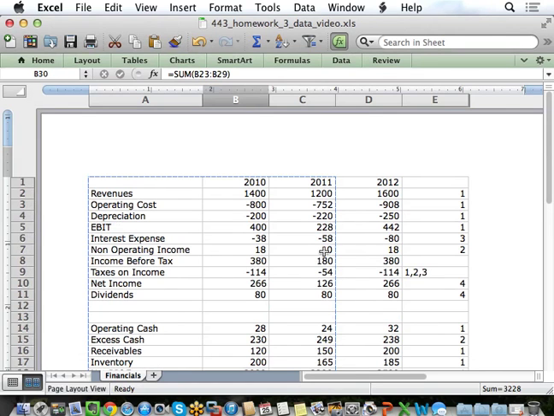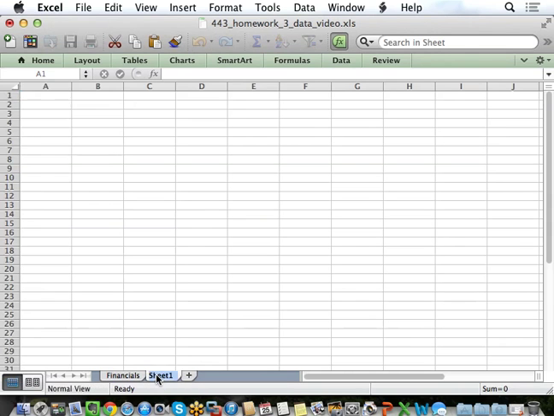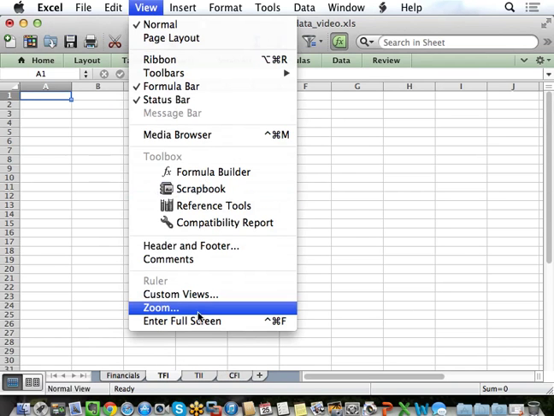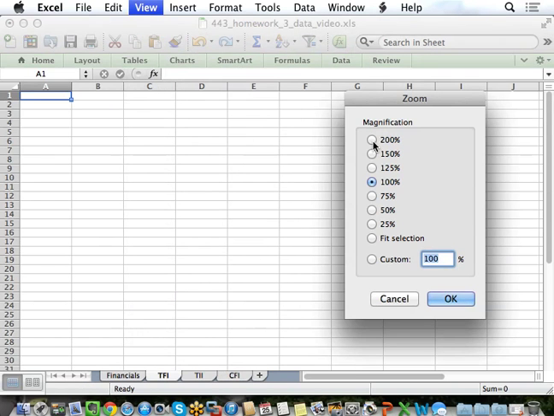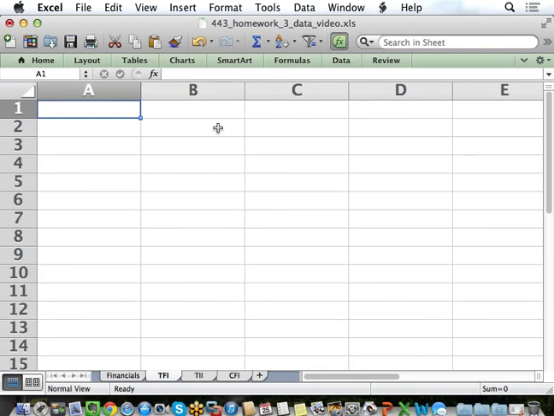So what I recommended was creating new tabs. So we should have a new tab for TFI, a new tab for TII, and eventually a new tab for CFI for our homework 3 assignment. Again, it doesn't matter whether we start with TFI or TII first. I'm going to start with TFI, balance sheet. And again, I'm going to copy and paste over the years.